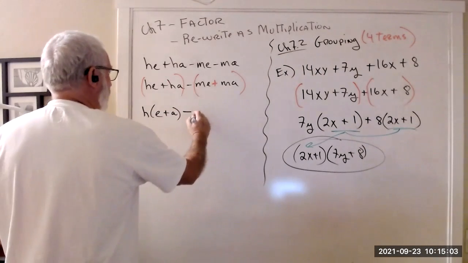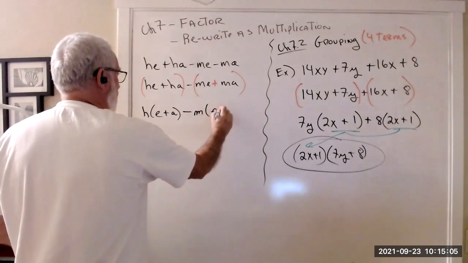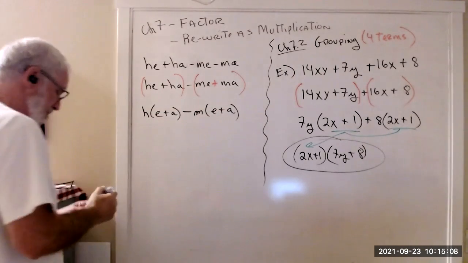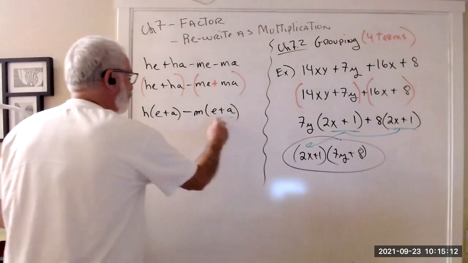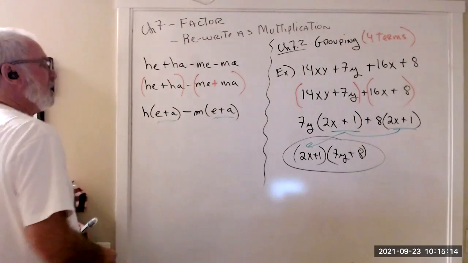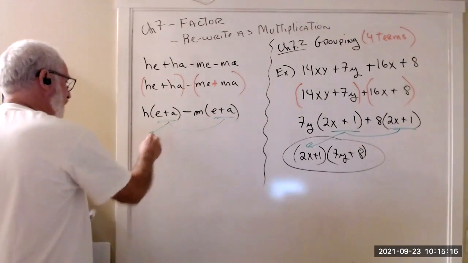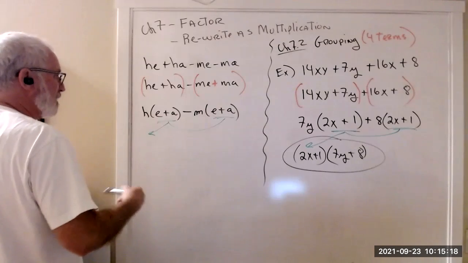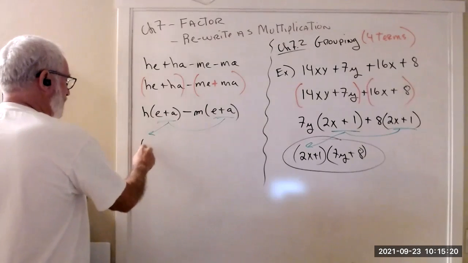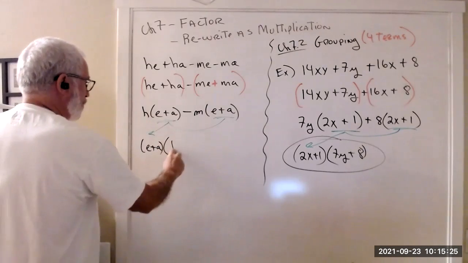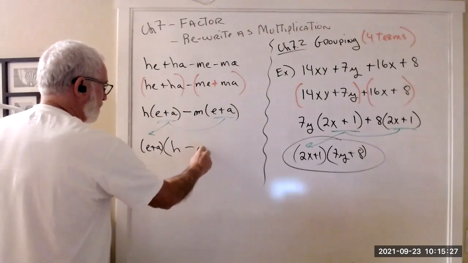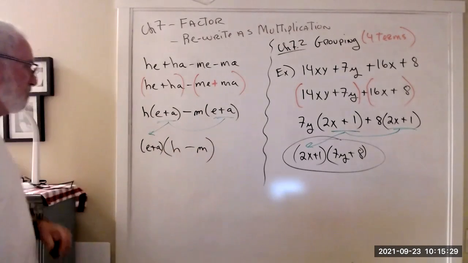So anyway, now we factor out an h out of this, so we get e plus a, minus, we factor out an m, and we also get e plus a. Our check is, are these quantities the same? If they are, then we can factor them out like that. And we have the quantity e plus a out front and the h minus the m is left over.